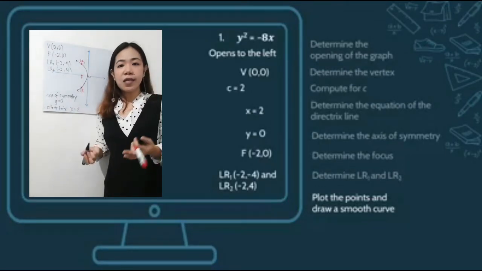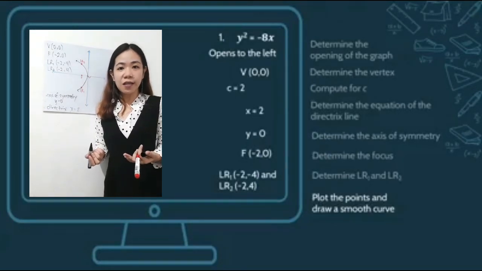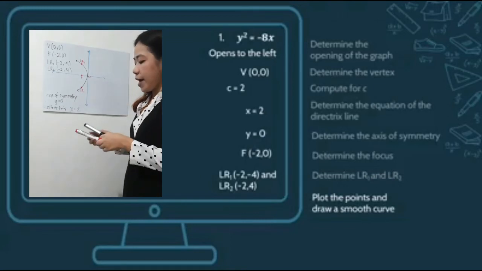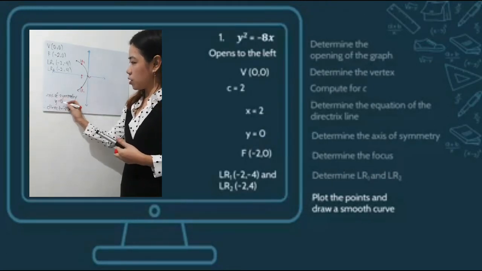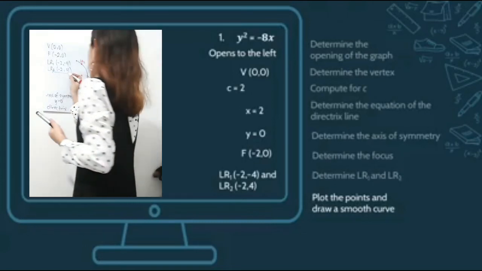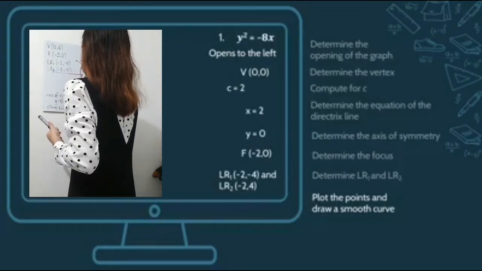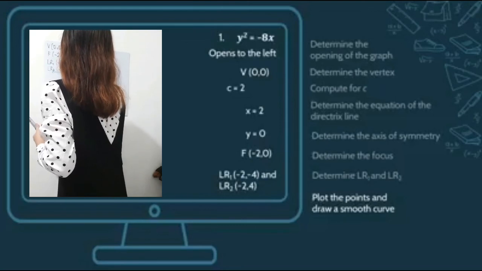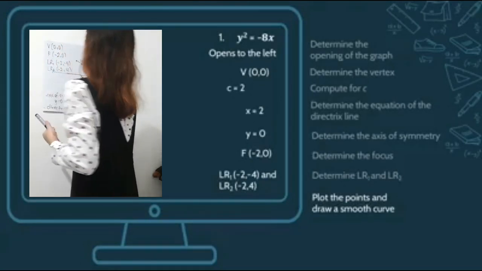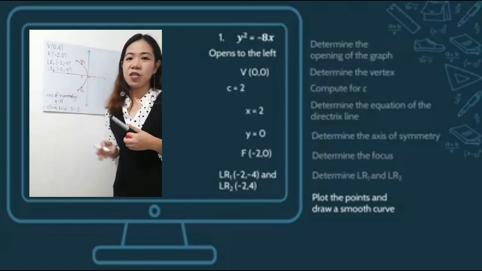As you notice, the latus rectum serves as our guide in making the curve of the parabola. If you want to present the axis of symmetry, that is y equals 0, or the x-axis. So that's the axis of symmetry, the x-axis.